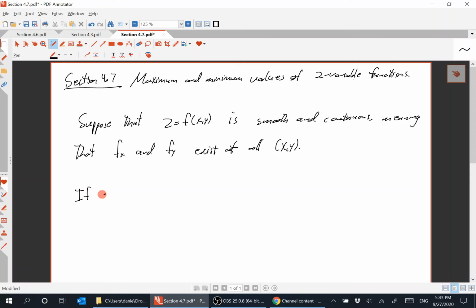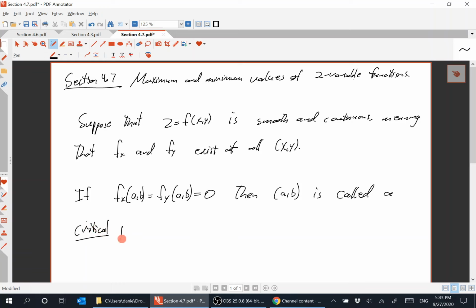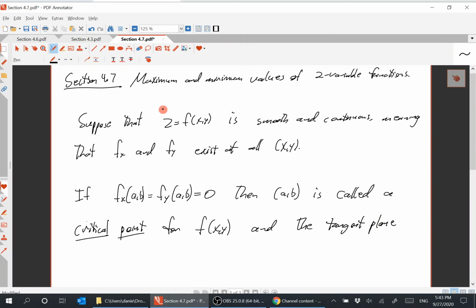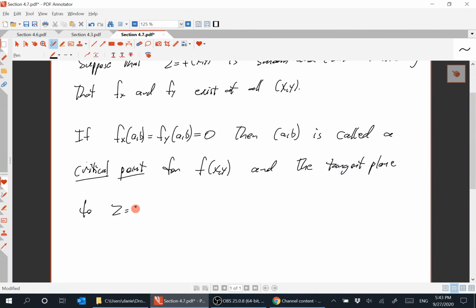If fx(a,b) equals fy(a,b) equals 0, then (a,b) is called a critical point for f(x,y), and the tangent plane to z equal to f(x,y) at the point (a,b,f(a,b)) is horizontal.